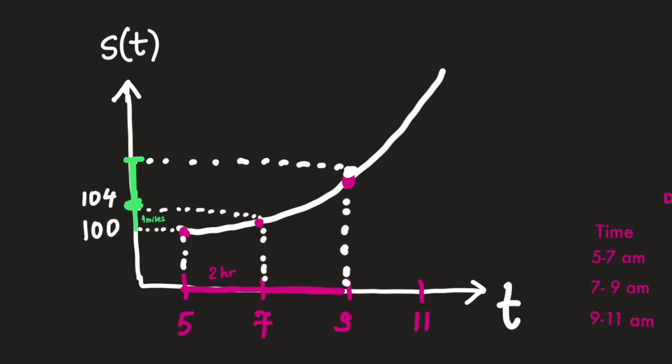Graphically, this is captured by the fact that the line segment connecting these 2 points here is steeper than the line segment connecting these 2 points. Because on this line, when you move to the right by 2 units, you move up by 4 units. Whereas on this line, when you move to the right by 2 units, you move up way more.